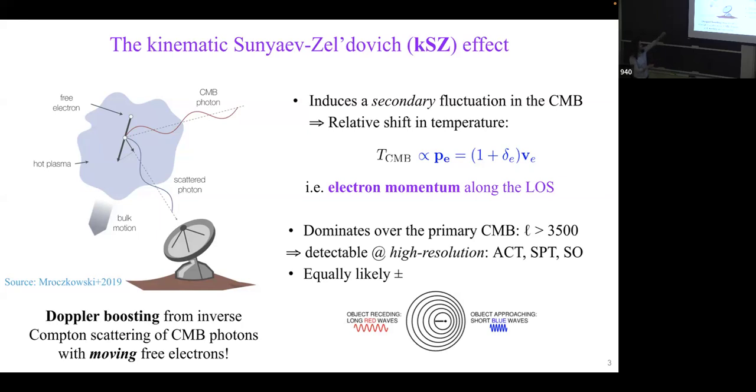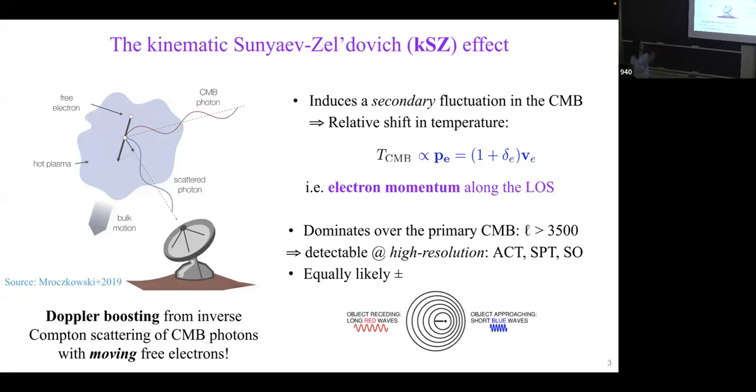So this picture here shows the actual inverse Compton scattering that happens between CMB photons and the free electrons they meet in the intervening medium. And if the free electrons are moving with respect to the line of sight, then this induces a Doppler boosting in the CMB that we see in that patch of the sky.